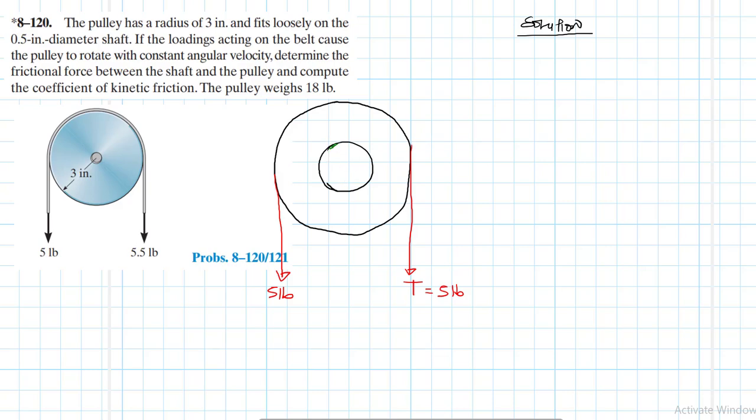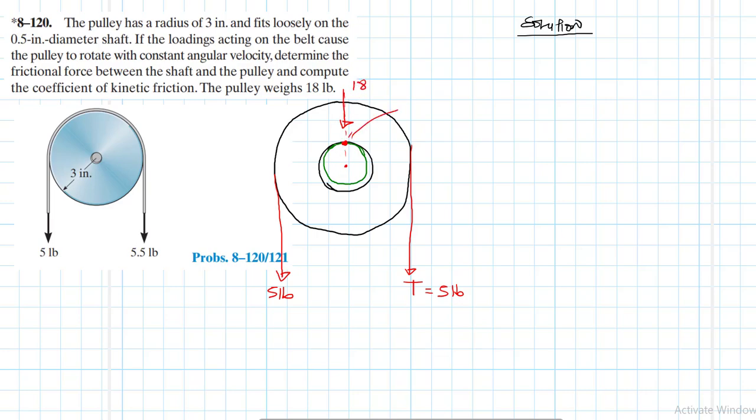I'm just exaggerating, right? It would be exactly here, vertical. It would coincide with the point where the gravity passes. I mean the weight of the pulley, which is 18, it would coincide, right?